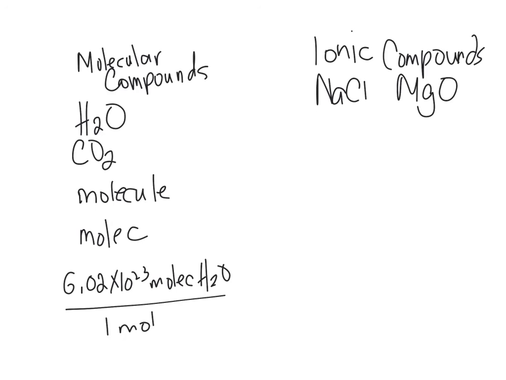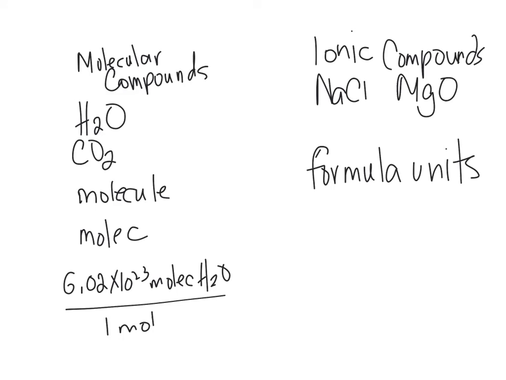Okay, the type of particle for this is formula units. They're like a molecule, but this is what we call the individual units for an ionic compound. If we're talking about sodium chloride, for ionic compounds, it's always what is the chemical formula. That is your formula unit.